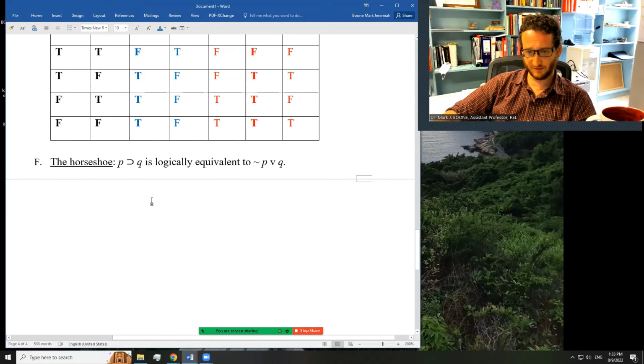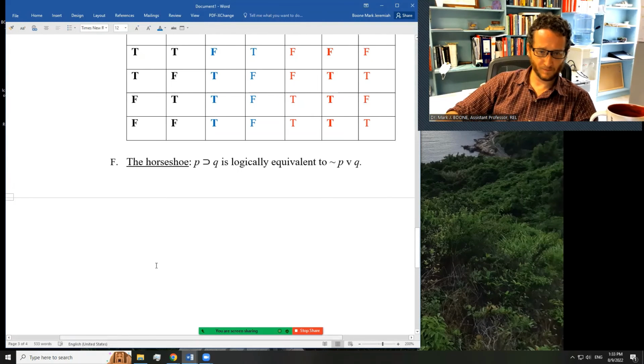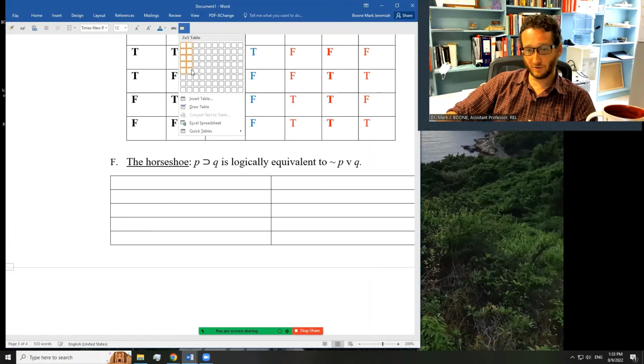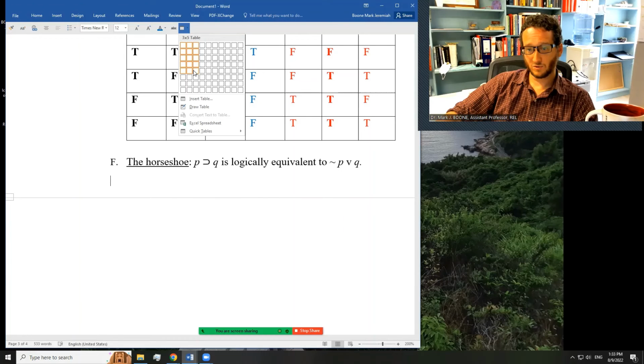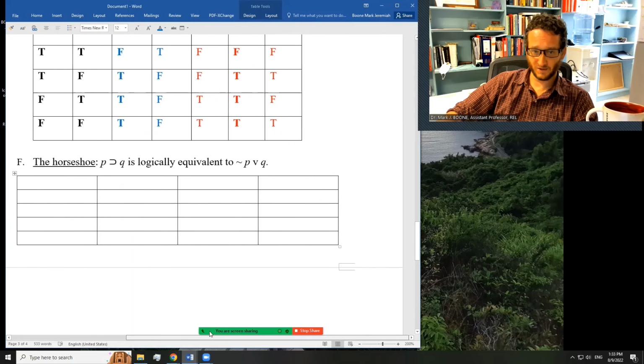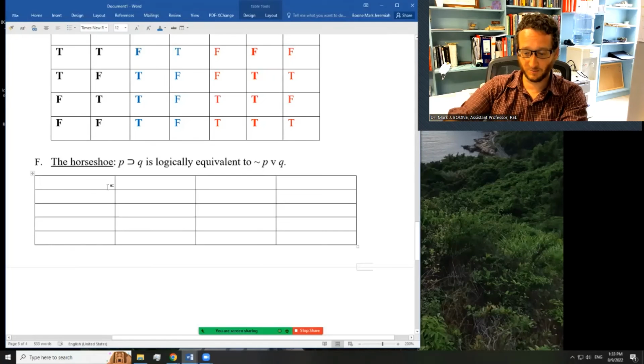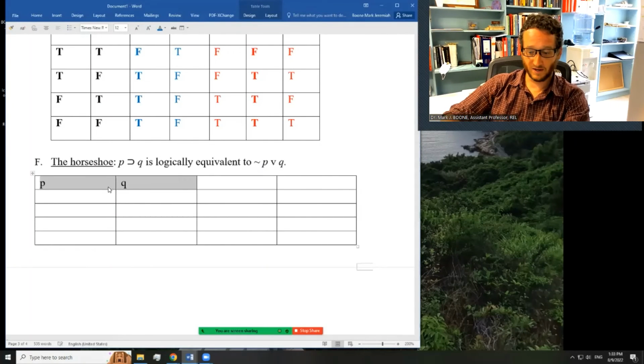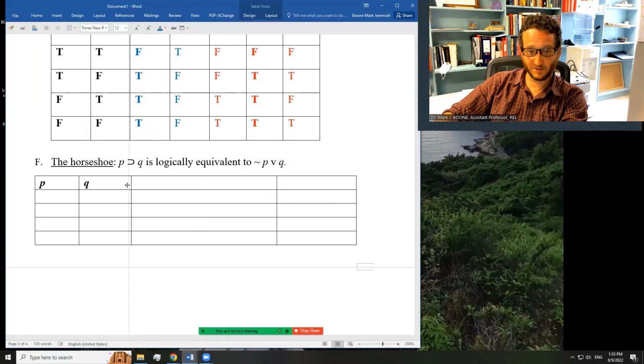And then horseshoe. Let's see, for horseshoe, we're going to want a simple five-row truth table with 1, 2, 3, 4 columns. Let's try with 4 columns. See how that works out. So our atomic propositions are P and Q. We like to italicize them because that's proper, and we like to bold them to indicate these will be the guide columns.